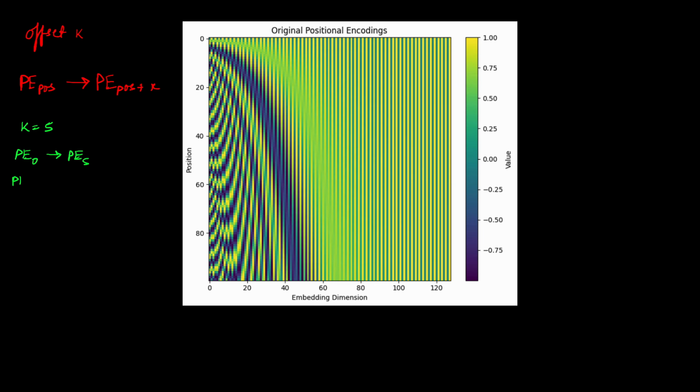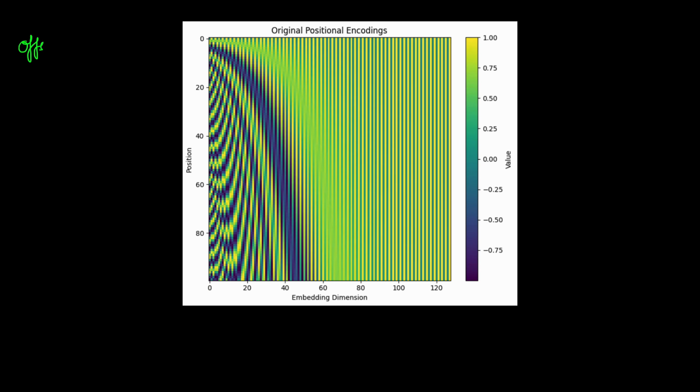If I know the position encoding of 5, I can predict the position encoding of 10 and so on. Similarly, if I take k equal to 10 and I know the position encoding of 0, then I can predict the position encoding of 10, and from the position encoding of 10, I can predict the position encoding of 20 and so on.